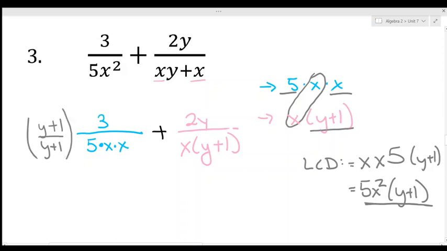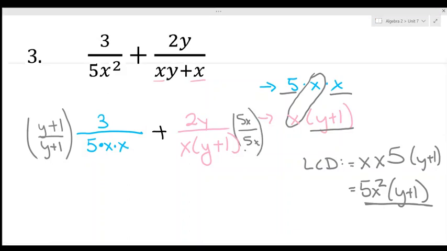And then let's look at our pink fraction. We have an x, we have a y plus 1. Okay, so far we have an x and a y plus 1. We need another 5 and an x in order for the denominators to be the same. So we're going to multiply by 5x on the top and on the bottom of the pink fraction.